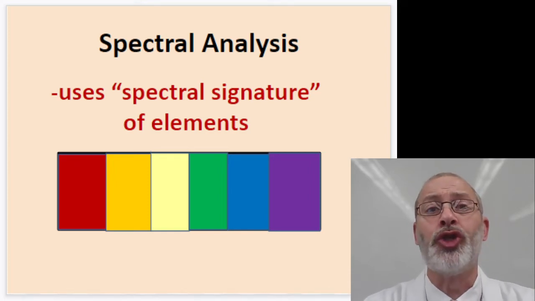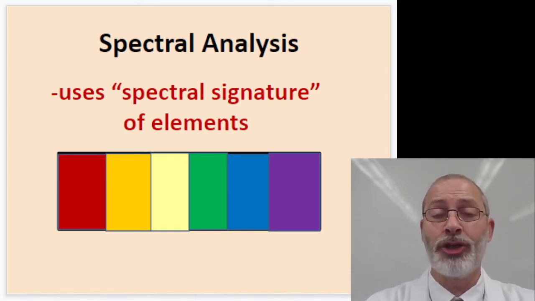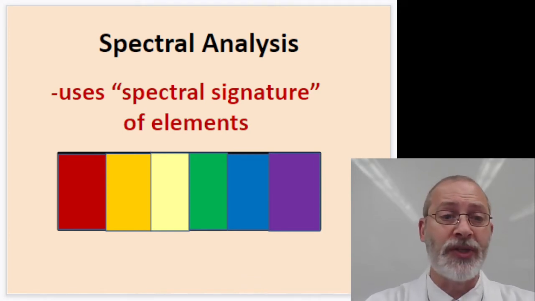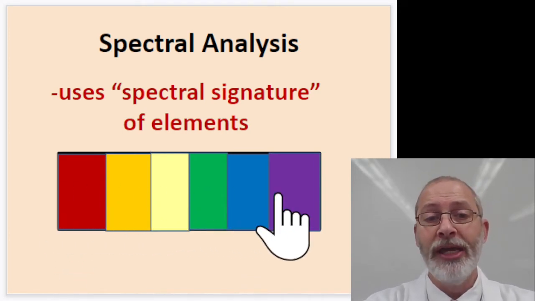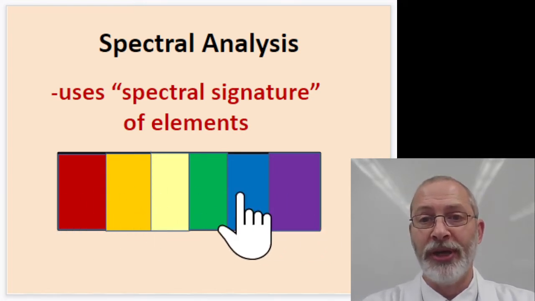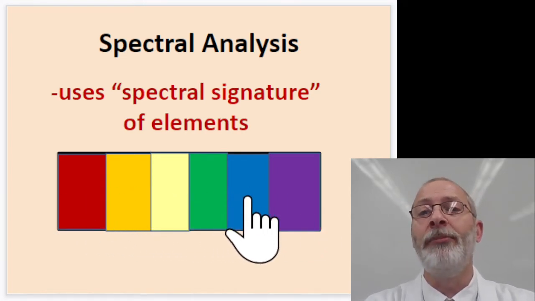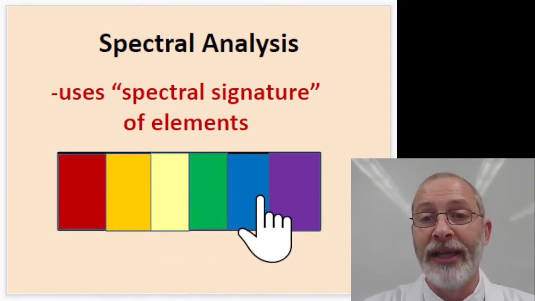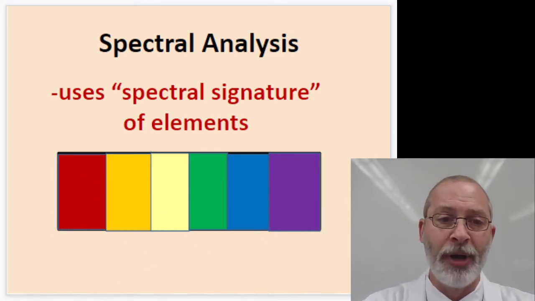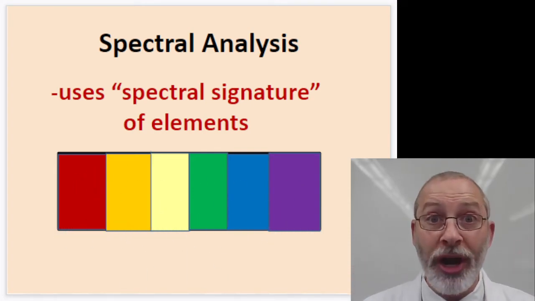And we're going to be drawing the full spectrum of colors using our colored pencils, going from Roy to Biv: red, orange, yellow, green, blue, and violet, all of the colors of the rainbow. So that's going to be our starting point.